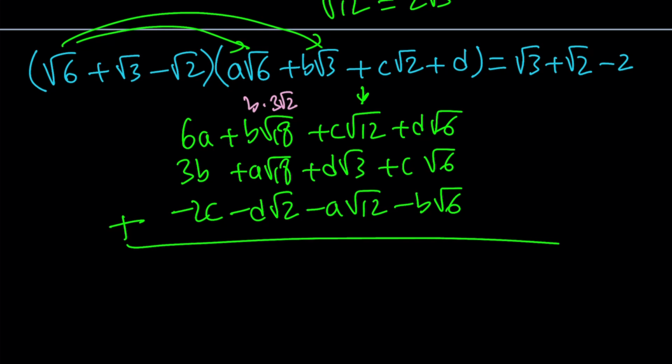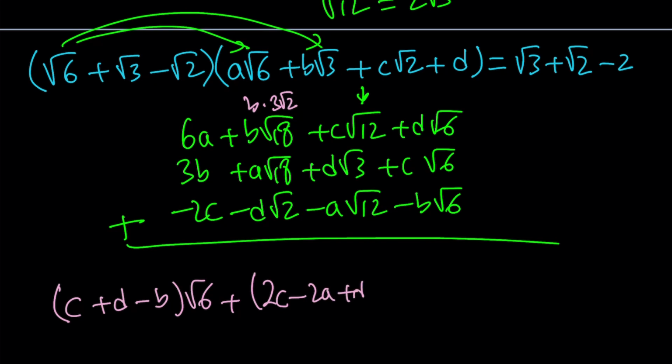To keep a long story short, here's what you're going to get: (c plus d minus b) root 6 plus (2c, or not 2c, minus 2a plus d) times root 3 plus (3a plus 3b minus d) times root 2 plus (6a plus 3b minus 2c).